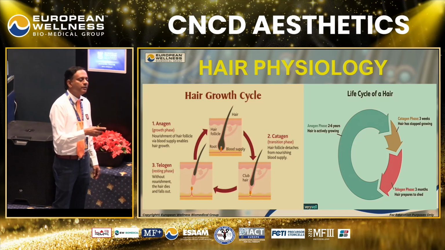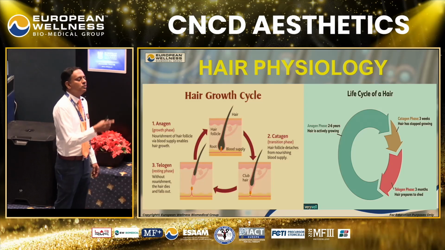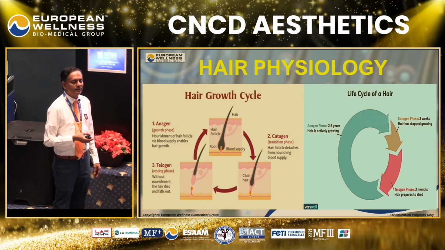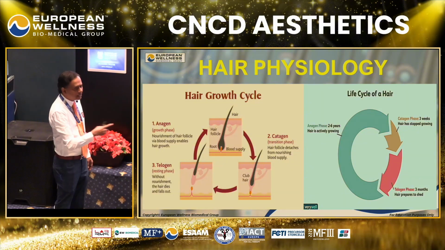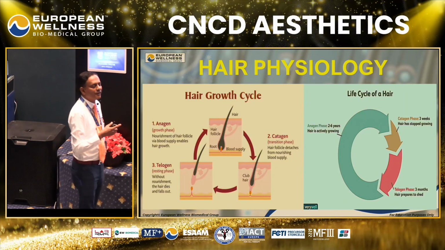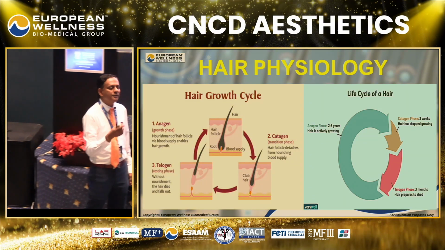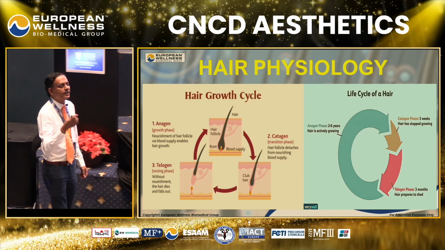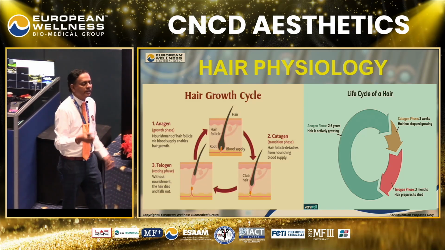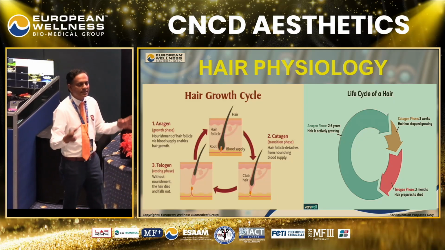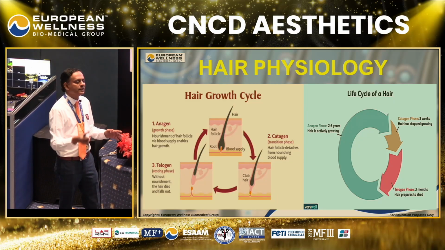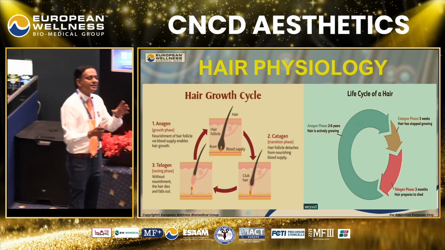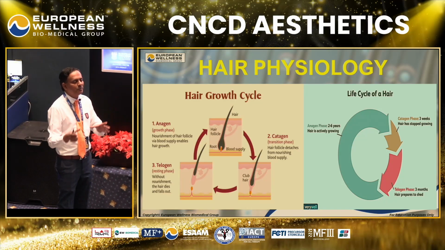It comes off to be replaced by a new hair strand. Okay? This whole cycle averages about 5 to 6 years. Every 5 to 6 years, you change and get new hair. But it all doesn't happen at one time. Okay? So you will see different stages of hair at one place at one time.